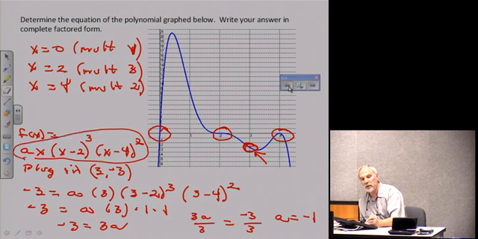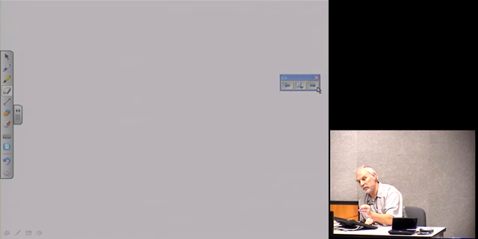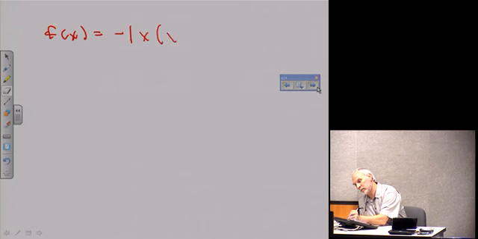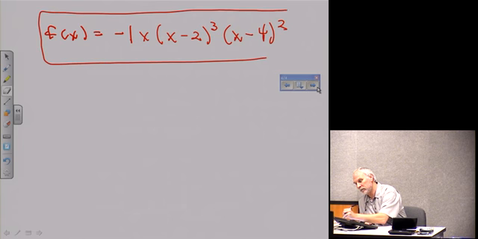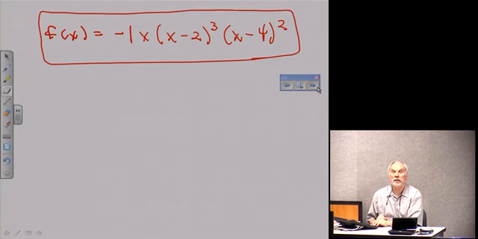And we have x times x minus 2 cubed times x minus 4 squared. And that's the equation of the polynomial in that graph.